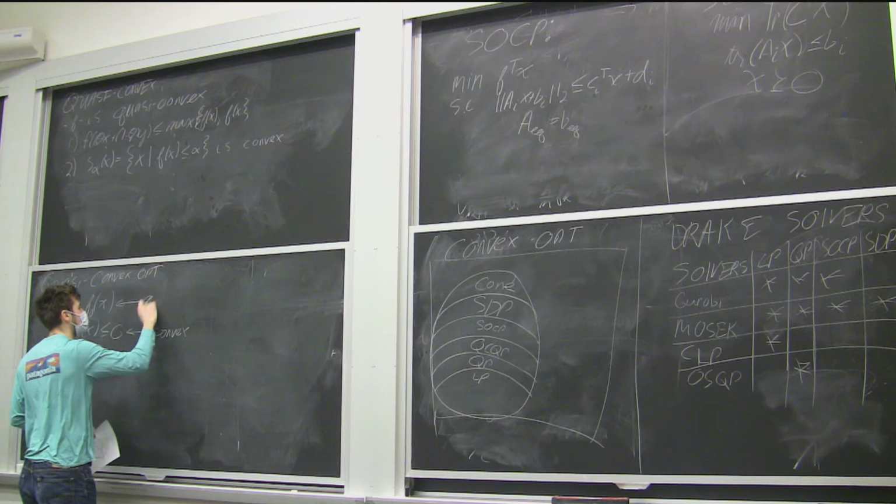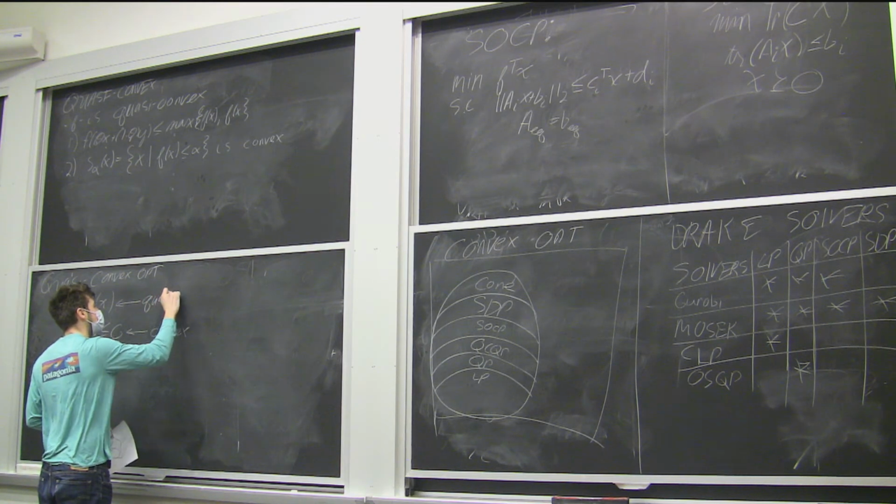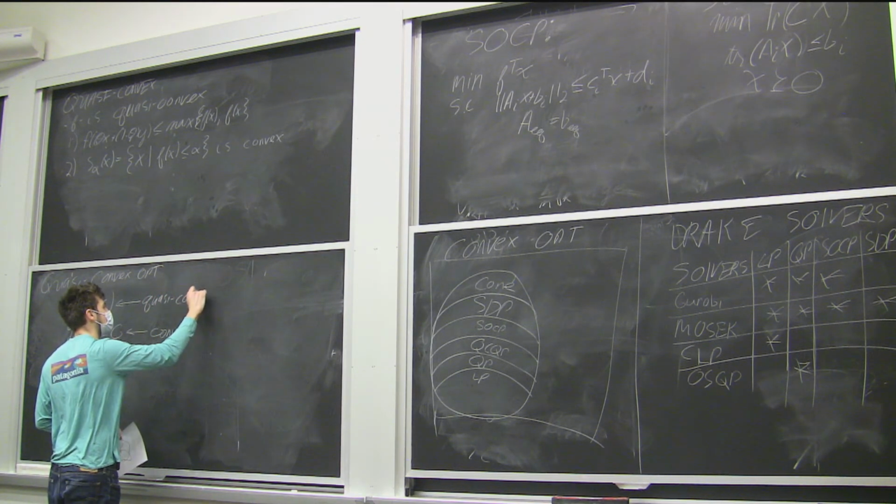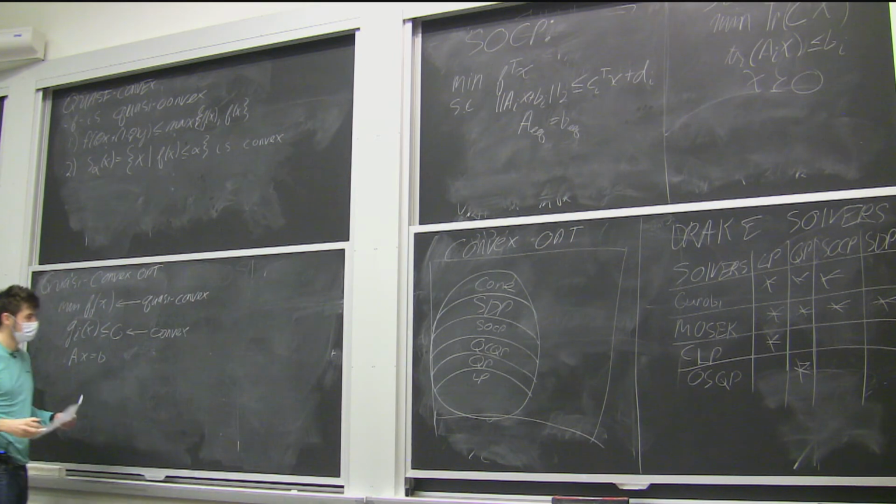This gets to be quasi. I'm trying to minimize some quasi-convex objective subject to some convex constraints.